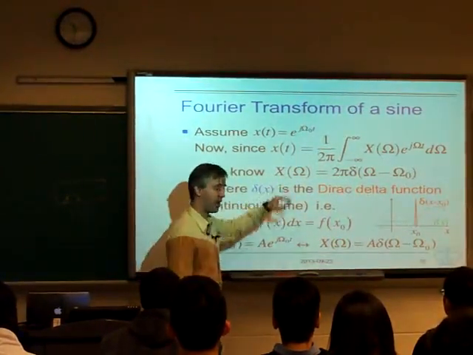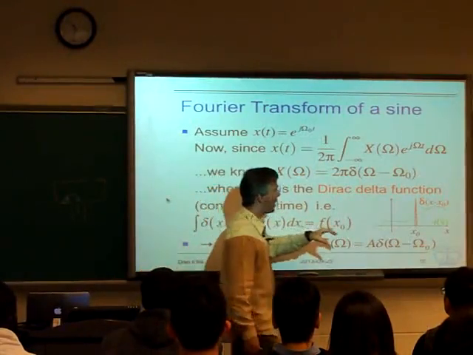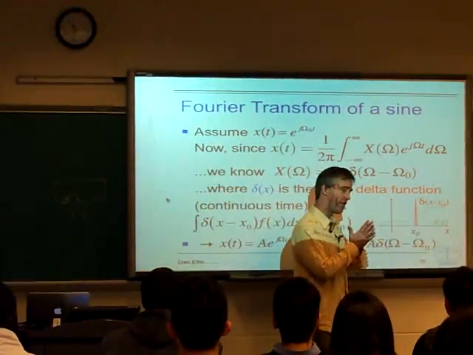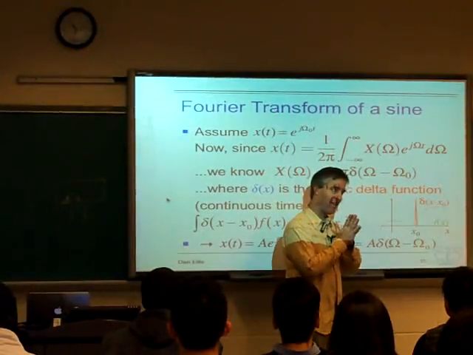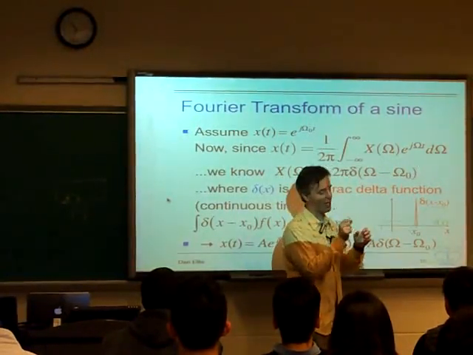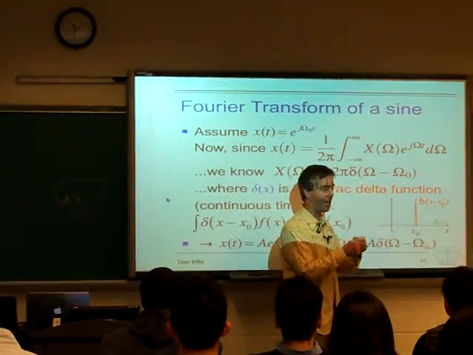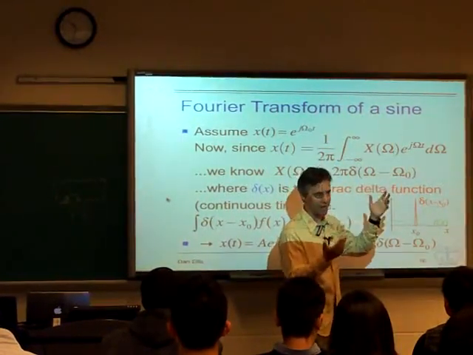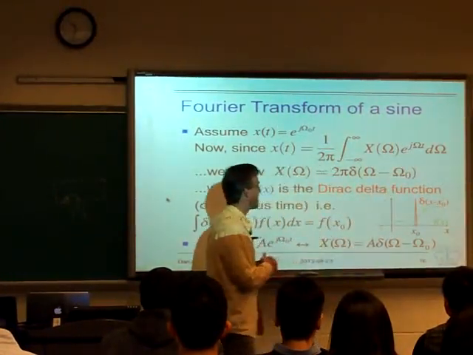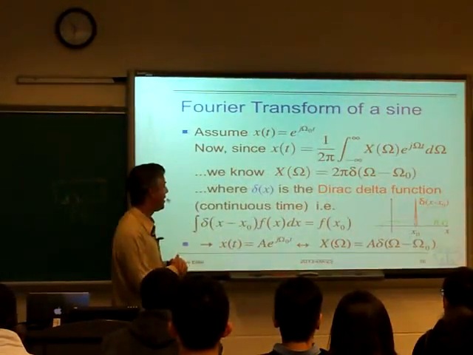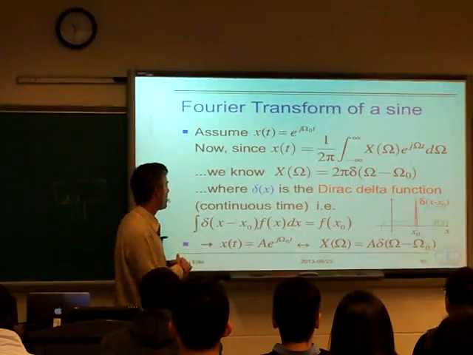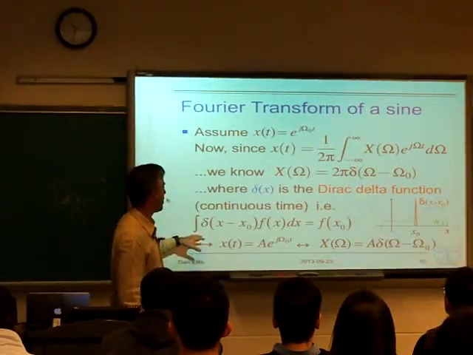This is a continuous time Dirac delta function, which, in order to make this work, has to have an integral of 1, but have an infinitely small support. So it's only non-zero for one value, and at that value it's 1 over 0. It's infinite, or something like that. So it's a little bit weird to deal with, but luckily we can just think about it as a mathematical concept, and that gives us the result that we want.